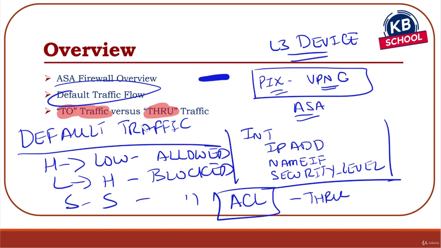By default, all the services are disabled on the firewall except for ICMP. By default, the only traffic that you can send to the firewall is ICMP. That's for testing purposes, to make sure the firewall is up and running at the time that you configure it. Other than that, all the other services are blocked.